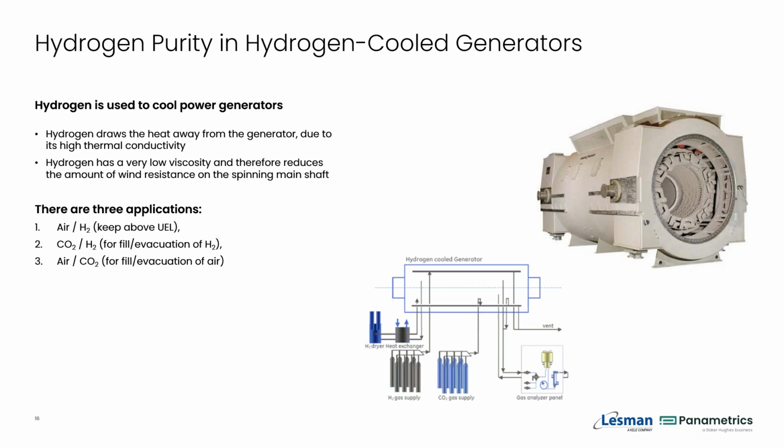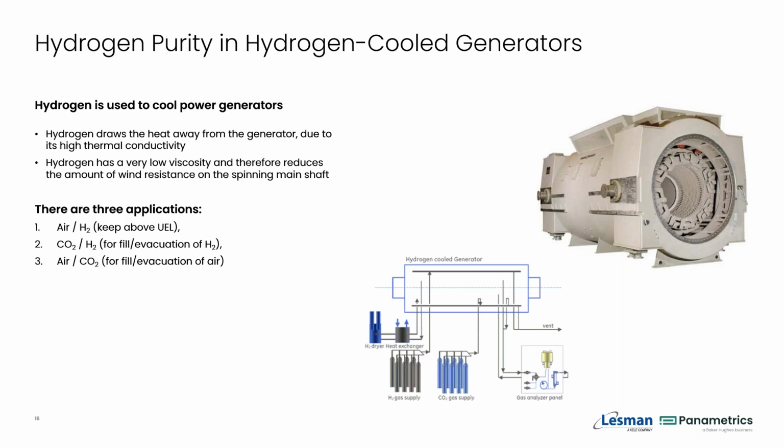But when you do need to take the generator down, you need to backfill it with carbon dioxide first to remove all the hydrogen before you bring air in so that people can work on the unit. So you have 3 distinct applications: air and hydrogen, CO2 and hydrogen, air and CO2.